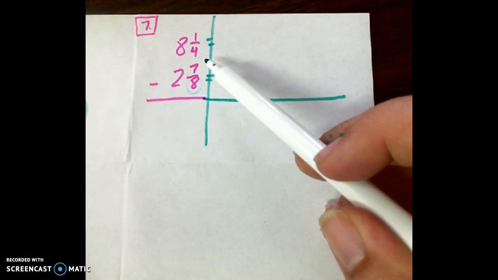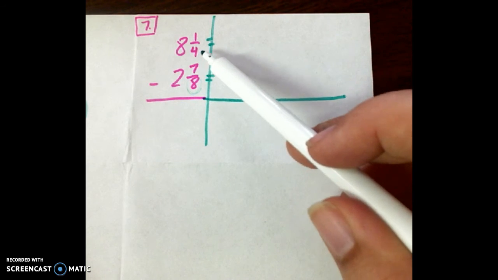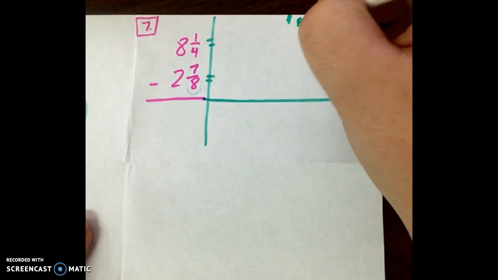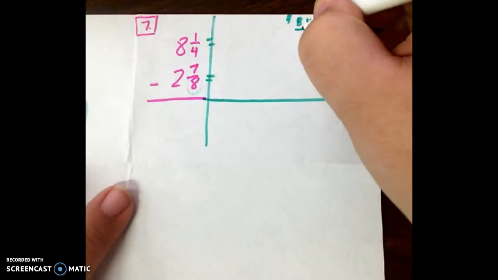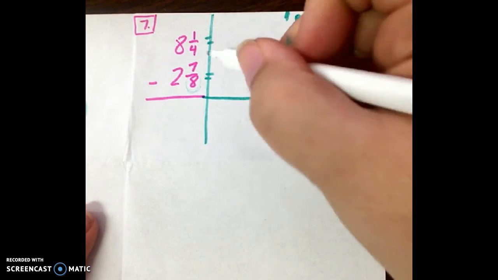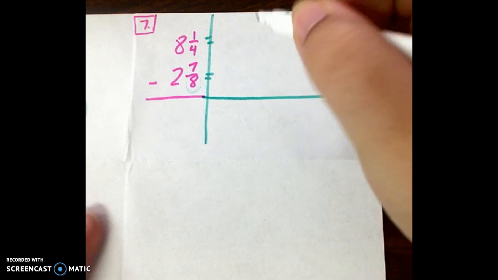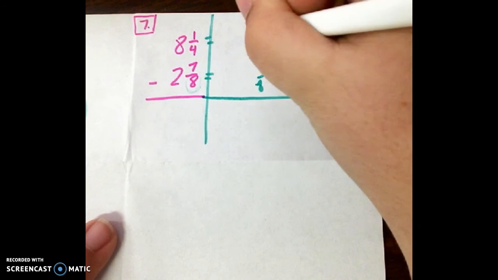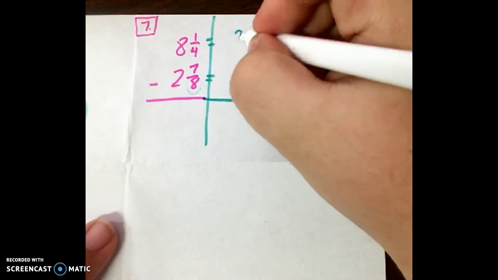And is it? Yes, because if I take 4, 8, 12, 16, oh wait, it is a multiple, right? So what are my new denominators going to be? 8 and 8. I just bring over my whole numbers.